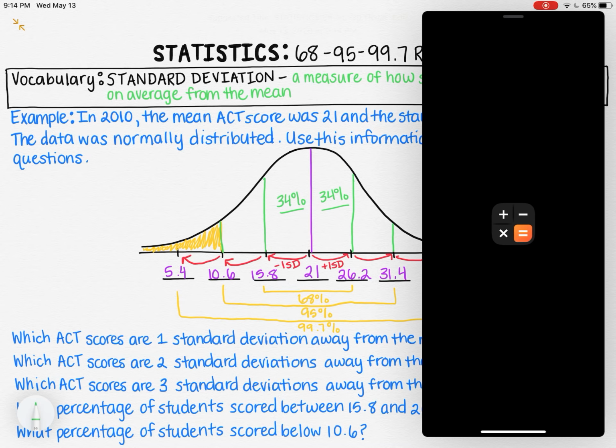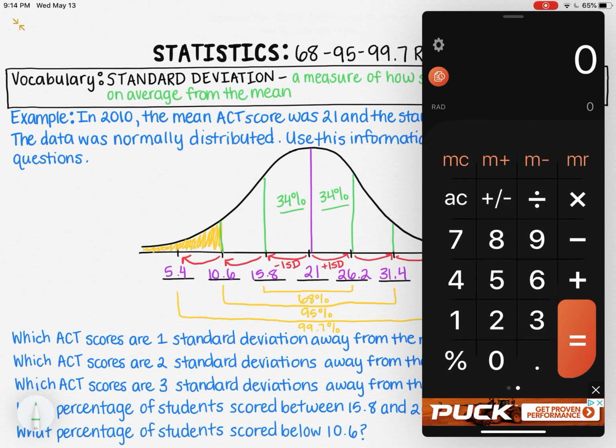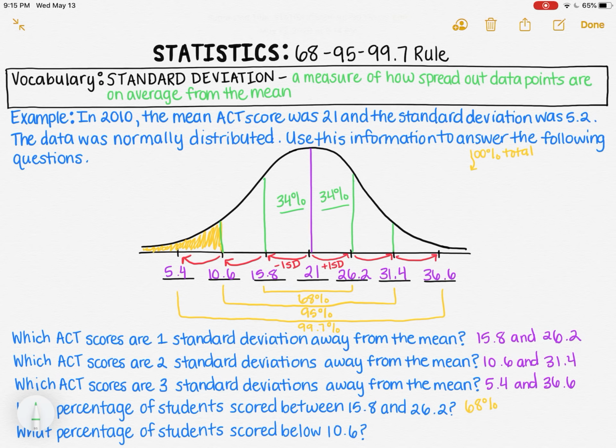So I'm going to take 95, because that's the percentage within 2 standard deviations, and subtract the percentage I already accounted for, which is 68. That tells me that 27% of scores are in these 2 sections that I just outlined. But since there's 2 sections and I want to figure out how much is in each section, I'm going to divide 27 by 2, and that gives me 13.5% in each of these sections.